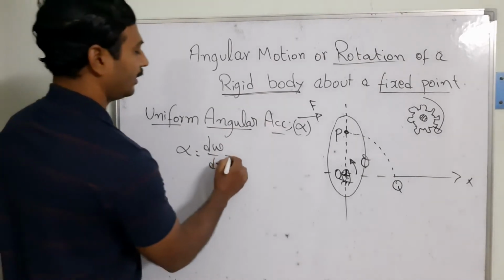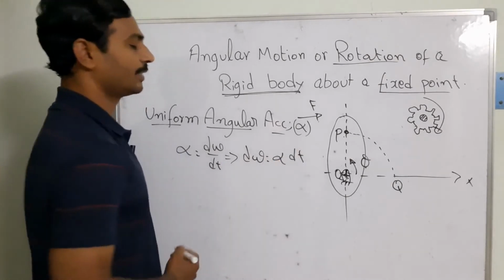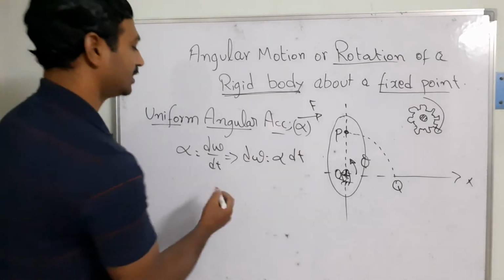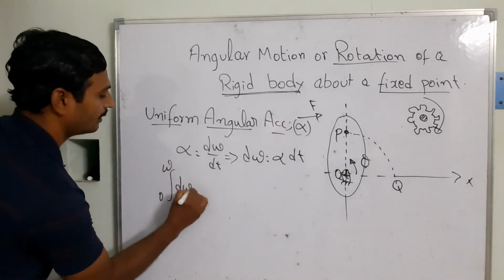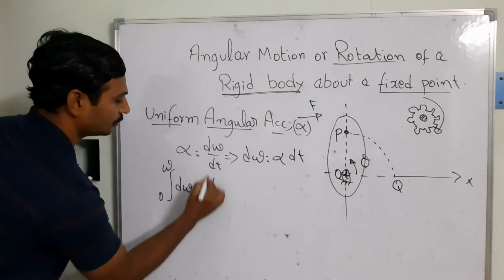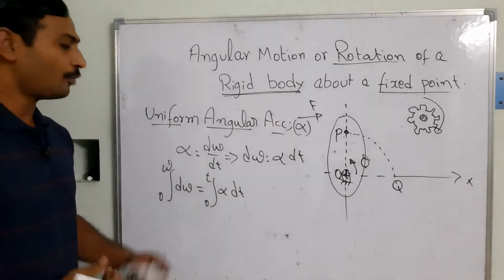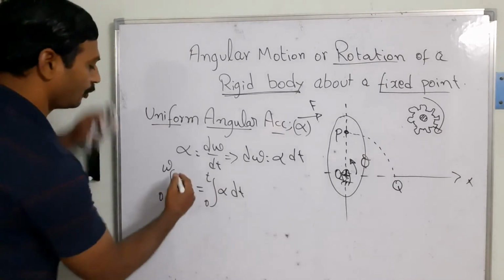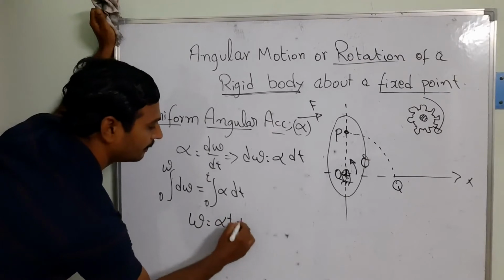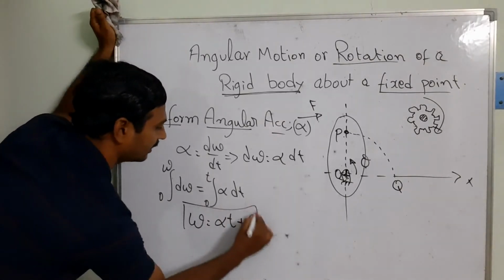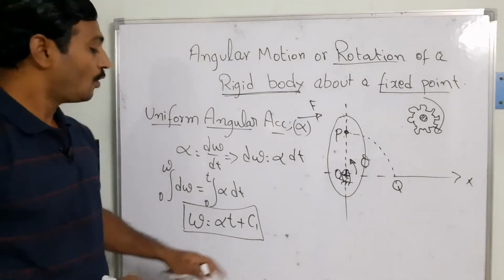So d omega is equal to alpha dt. Further simplifying, I integrate from 0 to omega of d omega, equal to the integral from 0 to t of alpha dt. Simplifying this equation, I get omega is equal to alpha t plus c1. In this case, c1 is a constant, which we need to find out.